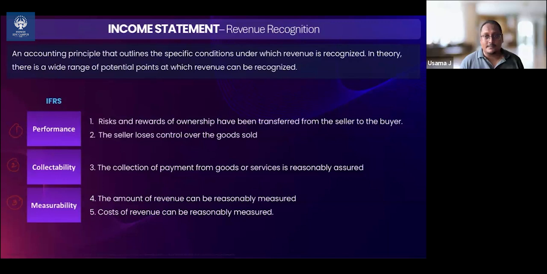Collectability. Now, yes, I may have sold you the goods, but I could have sold you the goods on credit. The collection of payment from the goods or services is reasonably assured as well. See, if we think a little unscrupulously, we might think, hey, I'm going to sell all my goods on credit, and then I'm going to immediately recognize everything as revenue.